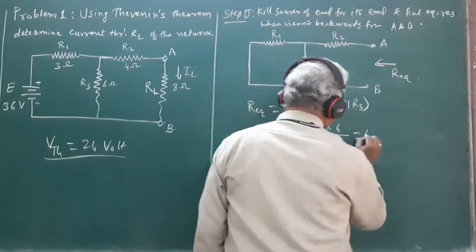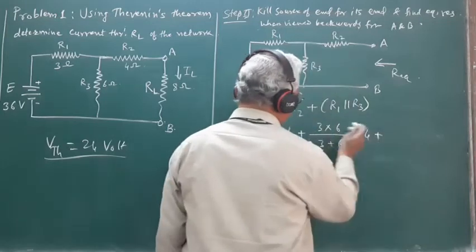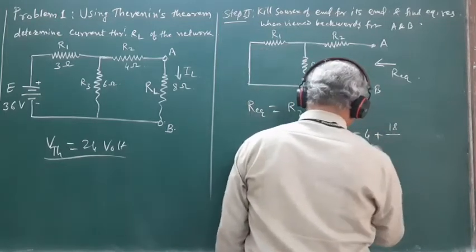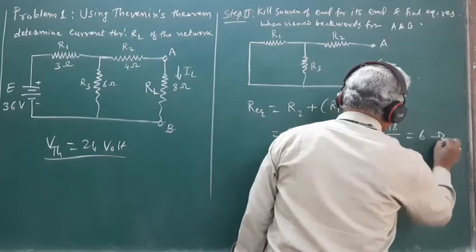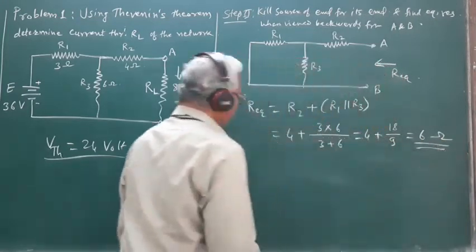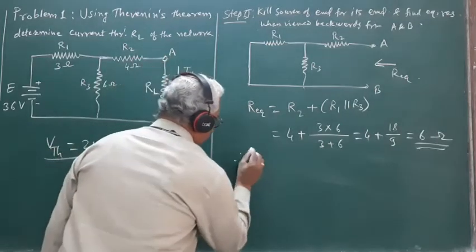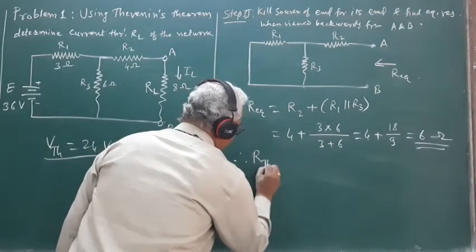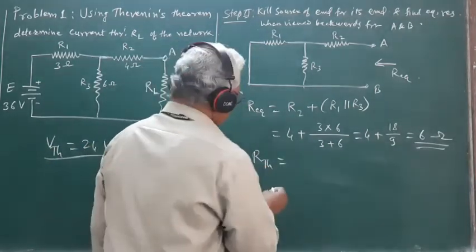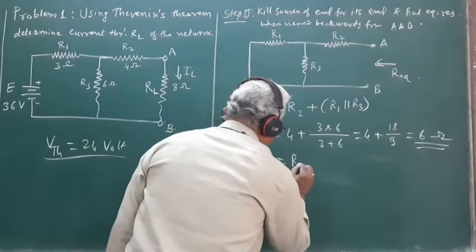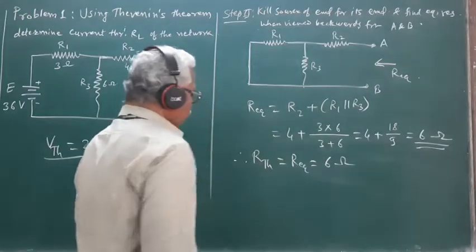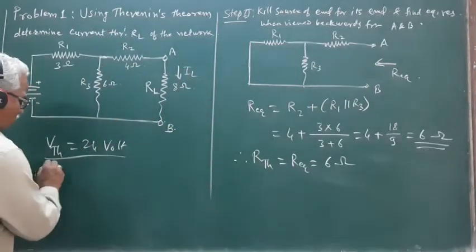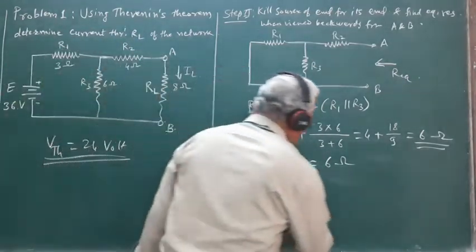So it works out to be 4 plus 2, so 6 ohm is the value of R equivalent. Therefore, RTH is equal to R equivalent, and this is equal to 6 ohm. So we have obtained the value of VTH and RTH.